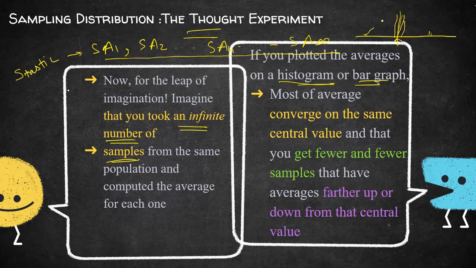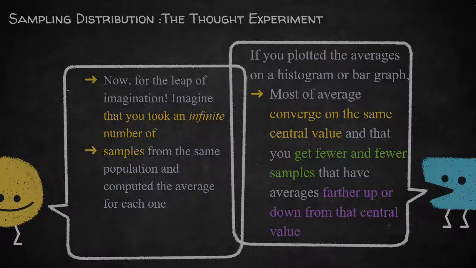So something like this automatically will come. As you go to the extremes, most of the values would find their place in the central region, and fewer and fewer values will find their place on the extremes.